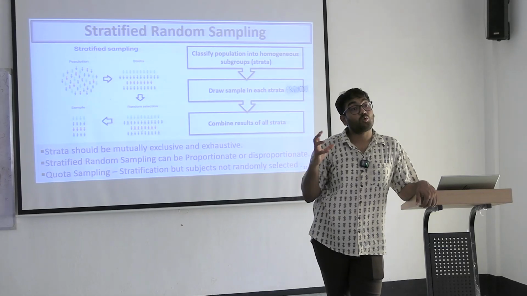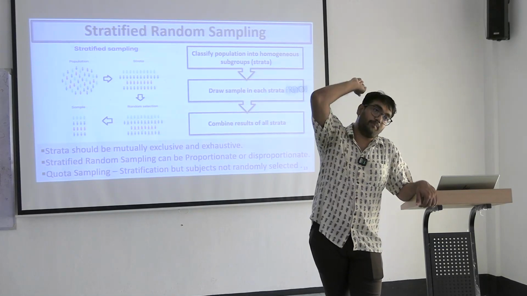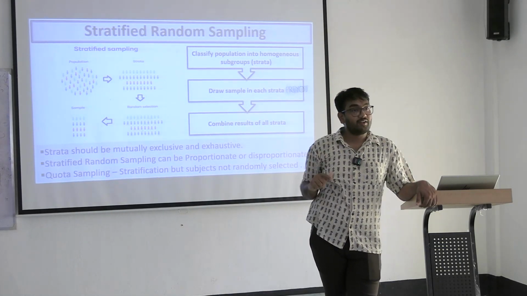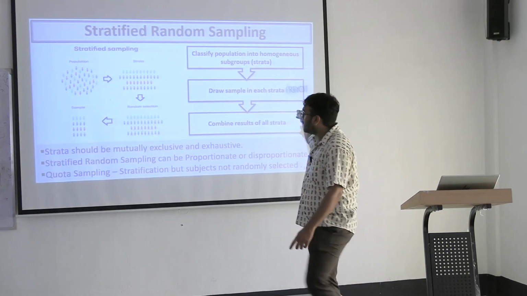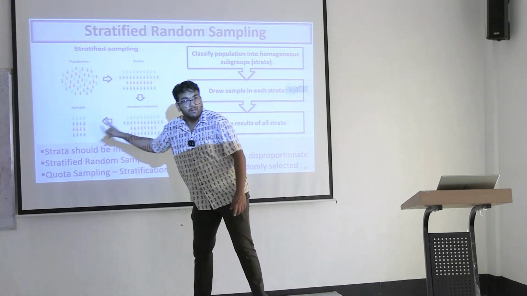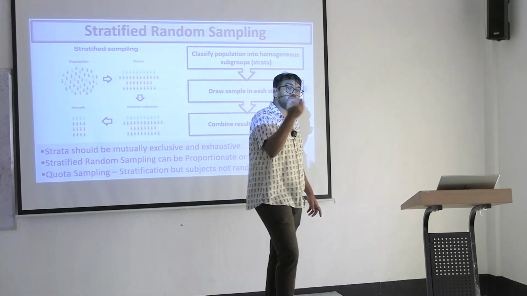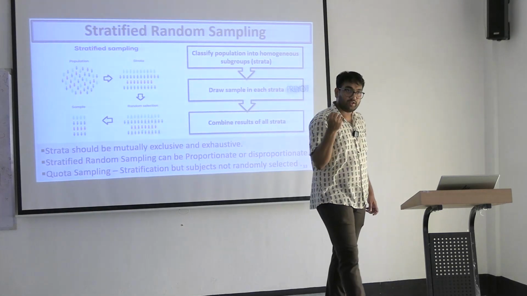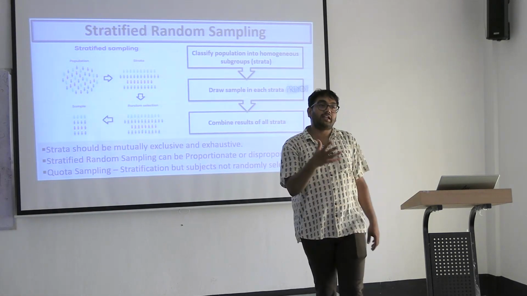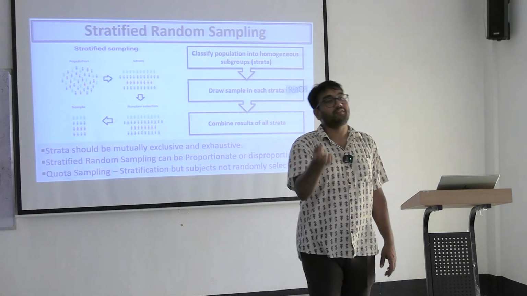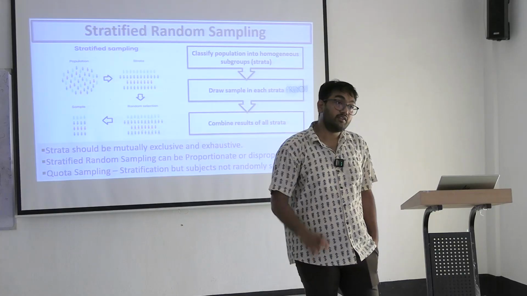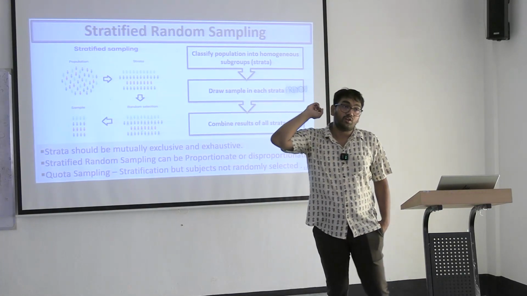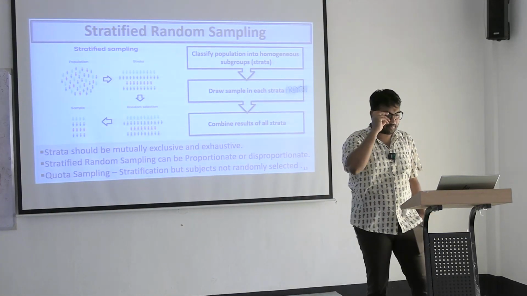Then that becomes quota sampling, purposive sampling, because stratification is only part of it. For it to be random, this step is important. That selection of individuals from each strata has to be random. If we make strata but select individuals from the strata purposively, then it becomes quota sampling, which was a type of non-random sampling, isn't it?